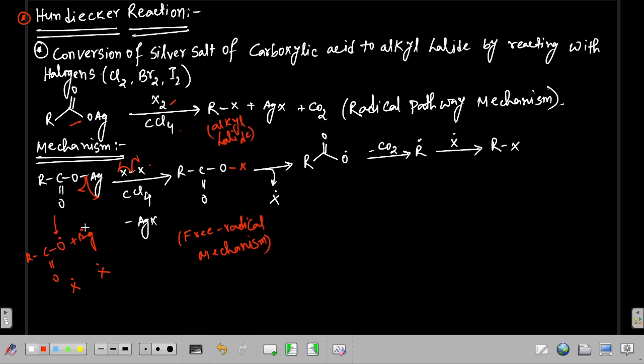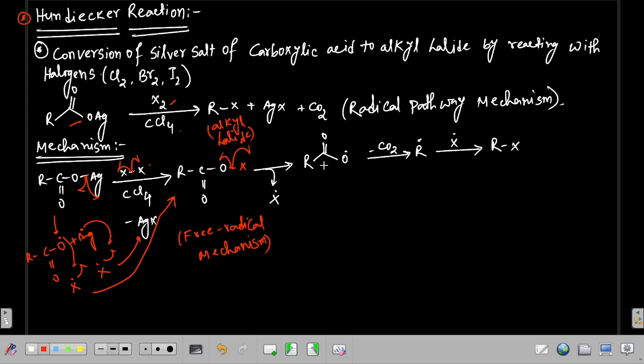These two will recombine, and it will form silver halide, and these two will recombine, and it will form this intermediate. Next step, this bond will cleave, and it will form this free radical.